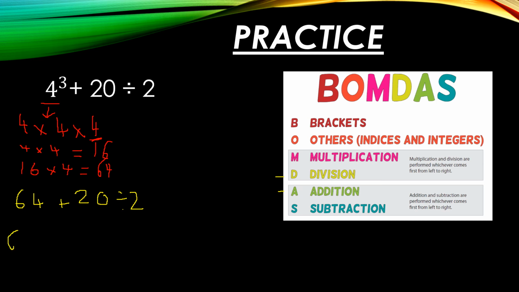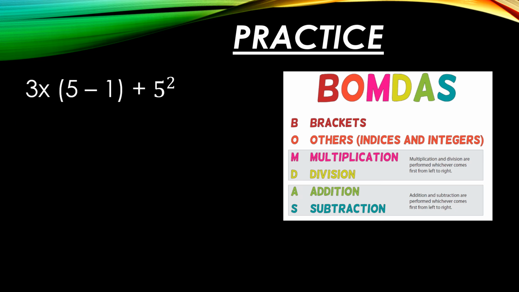Now, it's going to end up looking like this. 64 plus 20 divided by 2 equals 10. So 64 plus 10. Okay? Now, the last part, 64 plus 10 equals 74. And that is how we get our answer.